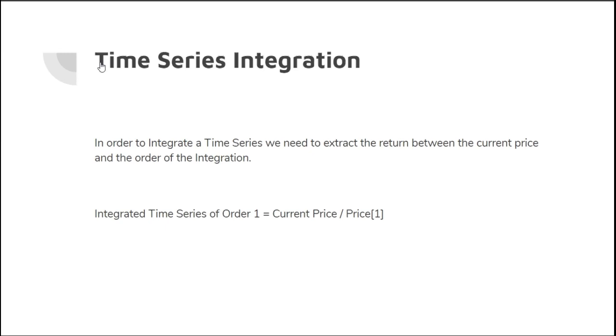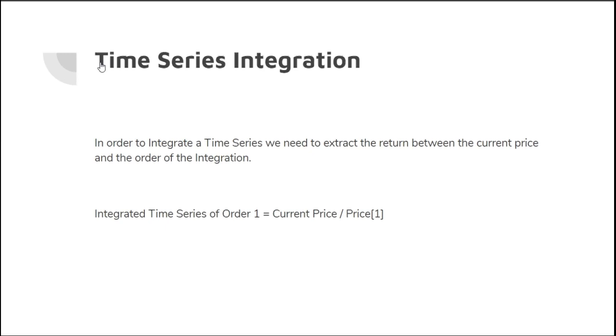So in order to integrate a time series, we need to extract the return between the current price and the price at the order of the integration. Usually we can do something like current price minus the price at the order of the integration, but I like to divide it.